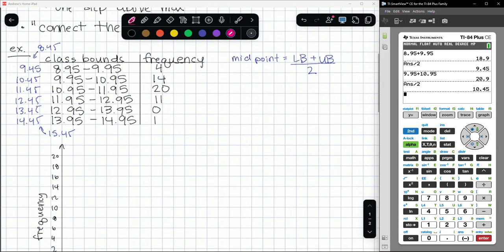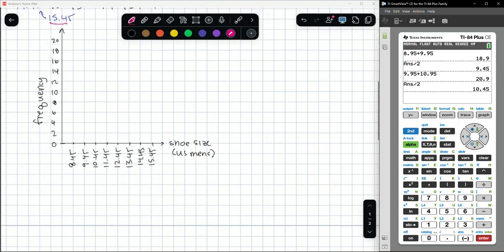My first and last should be 0 because I don't have any data points less than 8.95. I don't have any data points more than 14.95. So I shouldn't have anything here or here. So the very first thing I'm going to do is on those edges, I'm going to make dots at 0.